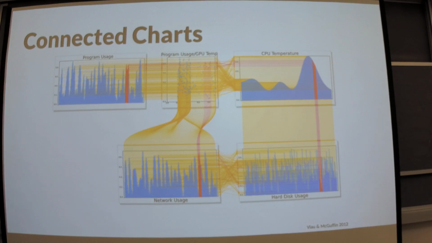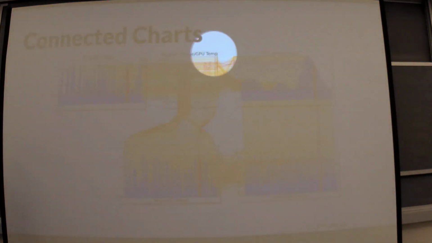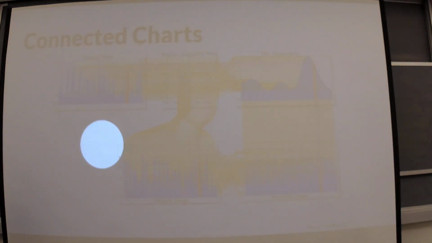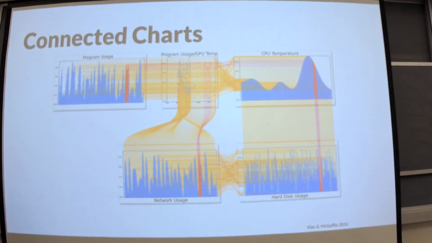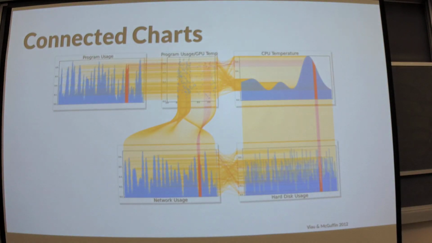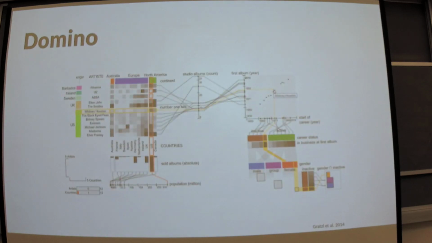You see that they did this here with various line charts, time points and scatter plots, and so you get something like parallel coordinates on this side, and you have a more linear trend here. These kinds of connections are useful if you want to explicitly show relationships between multiple charts, but of course they tend to get fairly cluttered.